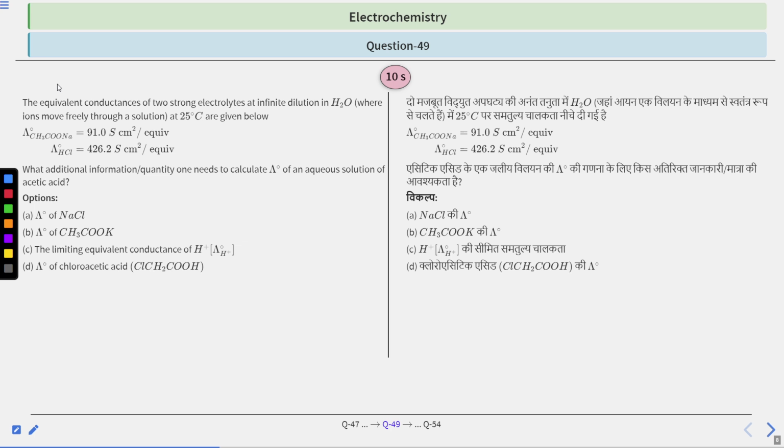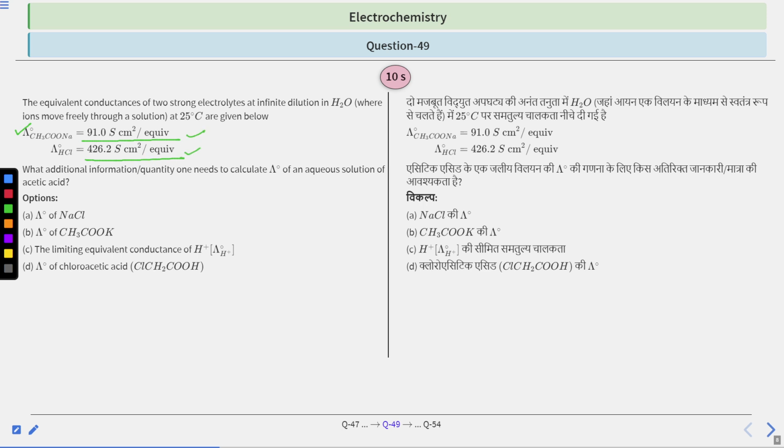Question number 49. The equivalent conductances of two strong electrolytes at infinite dilution in H2O, where ions move freely through a solution at 25 degrees Celsius, are given below. Lambda naught for CH3COONa is 91 Siemens centimeter square per equivalent, and lambda naught for HCl is 426.2 Siemens centimeter square per equivalent.